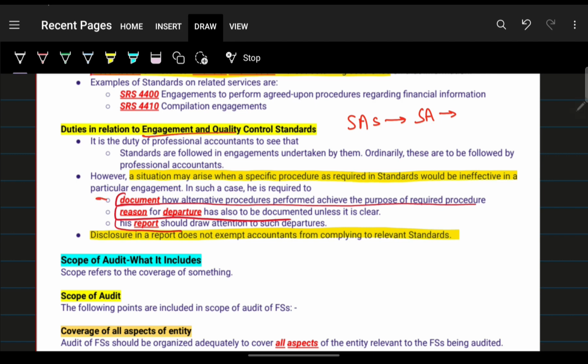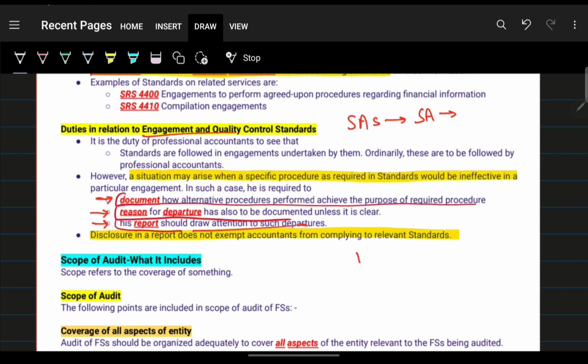However, you have to document how these alternative procedures are performed to achieve the purpose, and you have to record the reason for the departure from that particular standard.